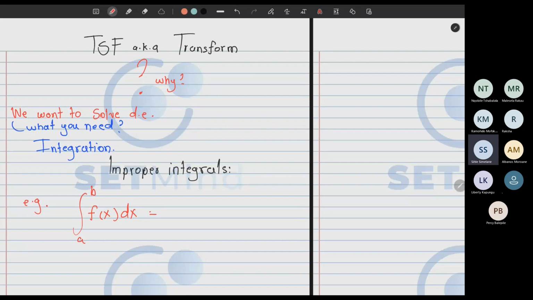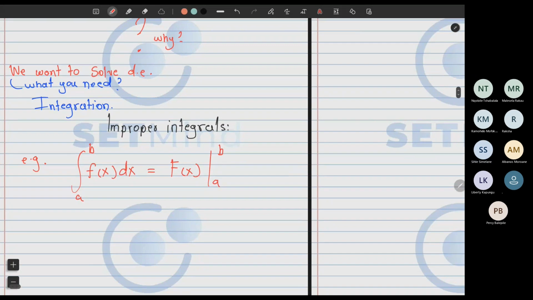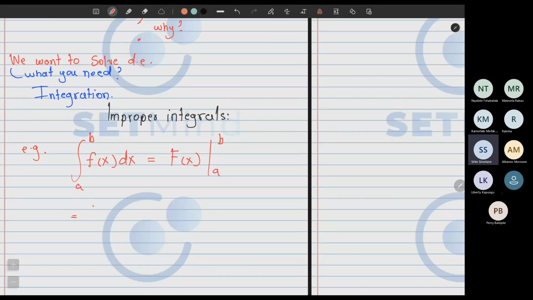If the integral of f of x is capital letter F of x, then we know that the integration can be evaluated as such because it is a definite integral. And this equals, at the end of the day, F of b minus F of a. This should ring bells from first year.